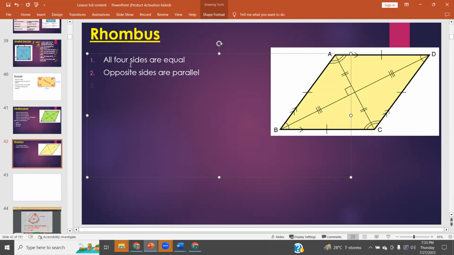Number three, opposite angles are equal. Number four, diagonals are perpendicular. Number five, adjacent angles are supplementary.